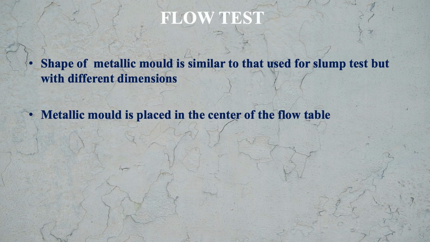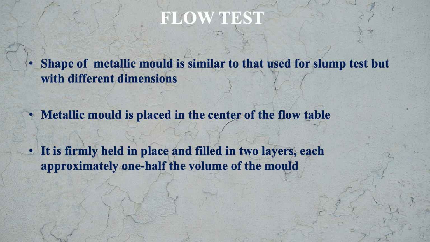The metallic mold is placed in the center of the flow table. So this is the first step: you take the mold and place it in the center of the flow table. This metallic mold will be firmly held in place and concrete will be filled in it in 2 layers, each approximately half of the volume of the mold.